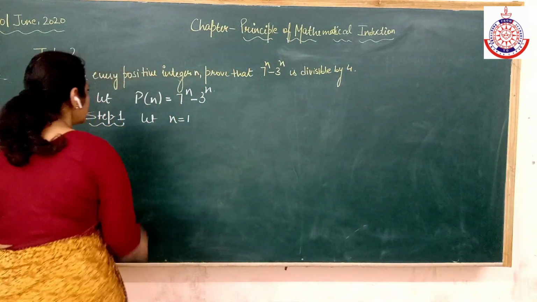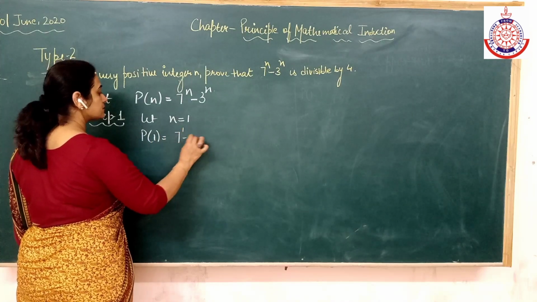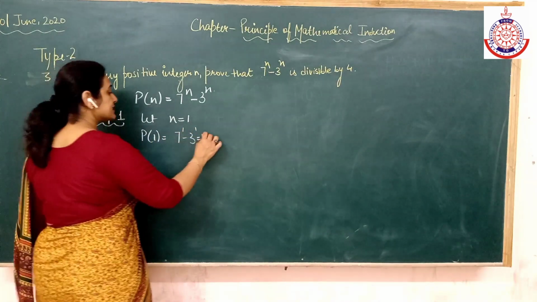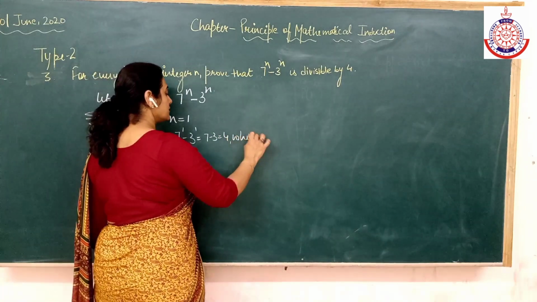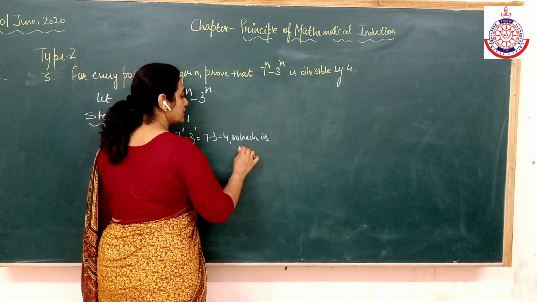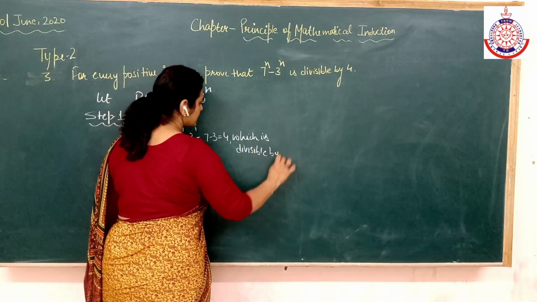Let's check. So I'll put n is equals to 1. So I'm getting 7 minus 3, that is 4, and which is divisible by 4. That's true.